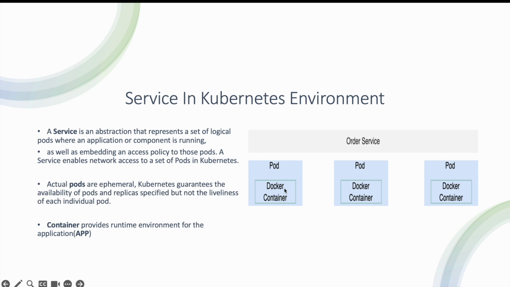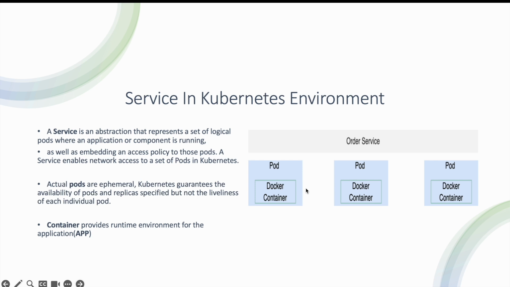This one is one order Docker container, this is the second one, this is the third order Docker container, and there is a pod. Now the pods are deployed: pod 1, pod 2, pod 3 of the same microservice, called the order microservice, are deployed in the Kubernetes cluster.